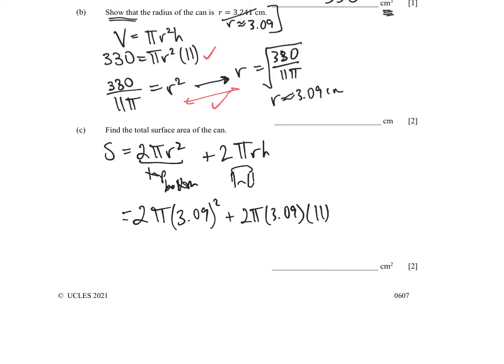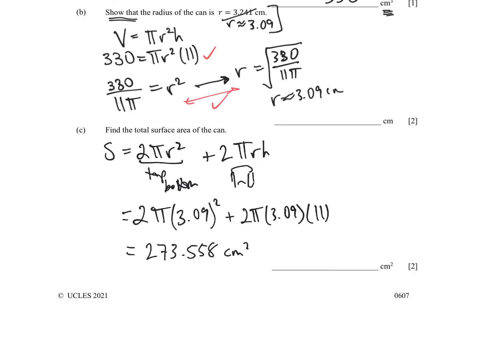But essentially, finding the surface area is us substituting those numbers inside. And after doing all of these calculations, you would essentially get 273.558 centimeters squared.